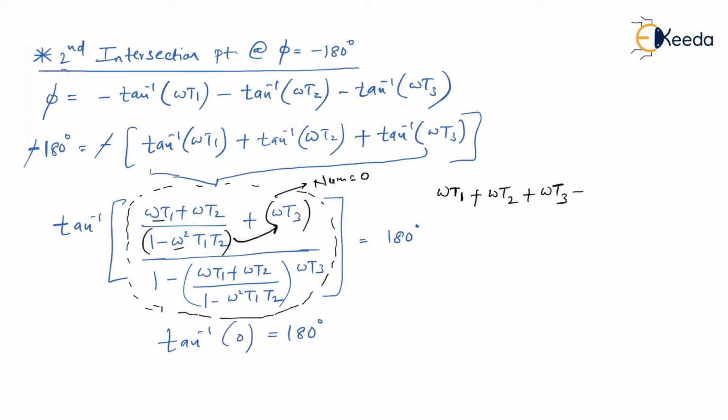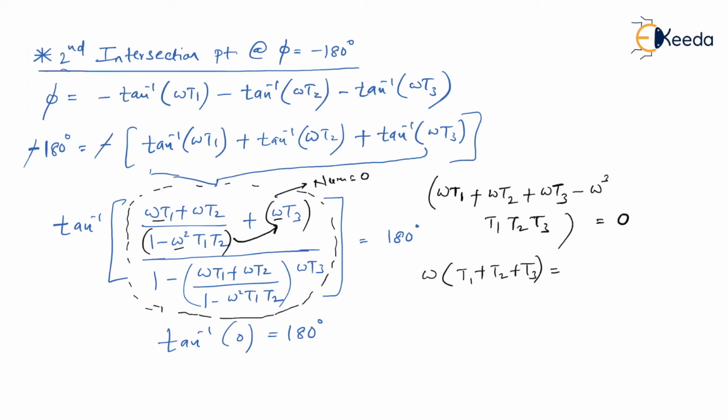minus omega square into omega will become omega cube. So it is omega cube multiplied by T1, T2, T3. And this whole is equated to 0. Or I can say, if I take omega out, it will be T1 plus T2 plus T3.